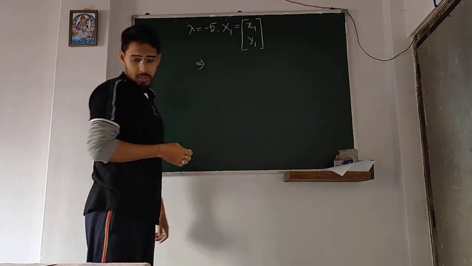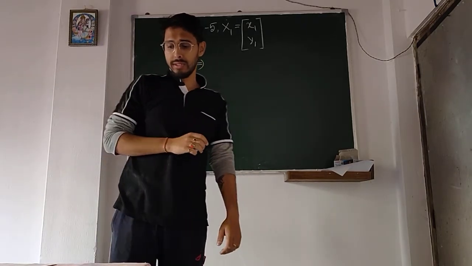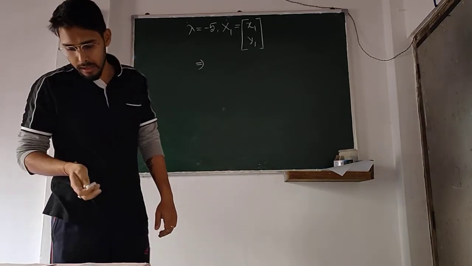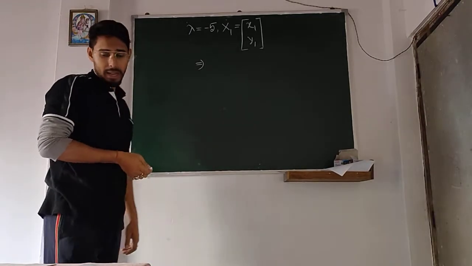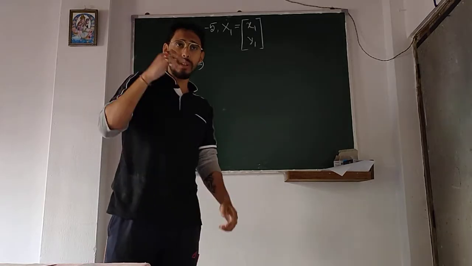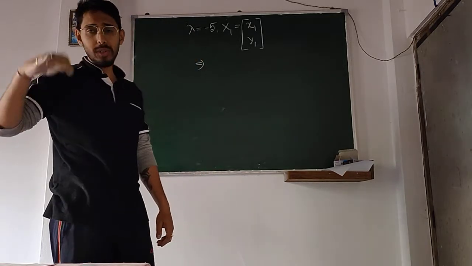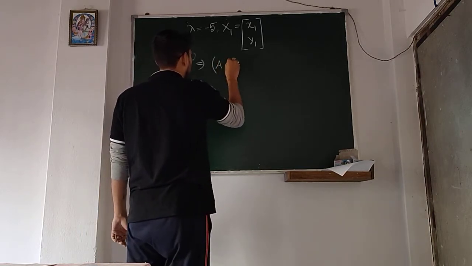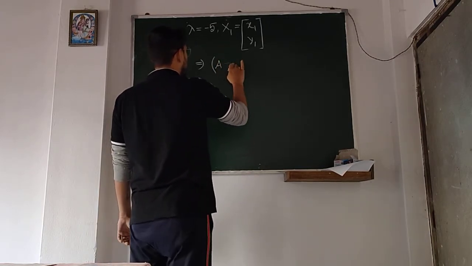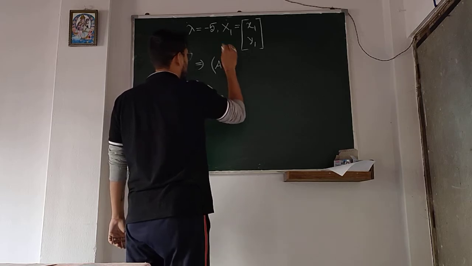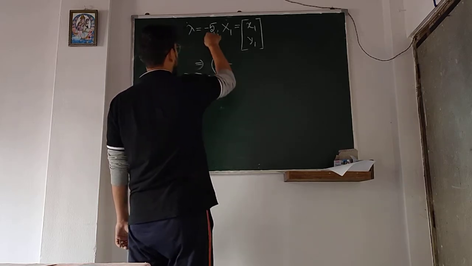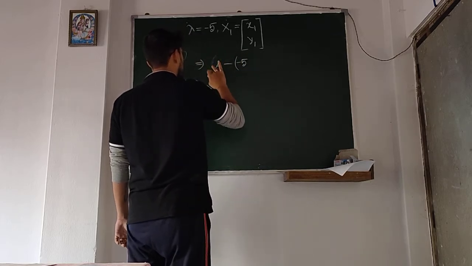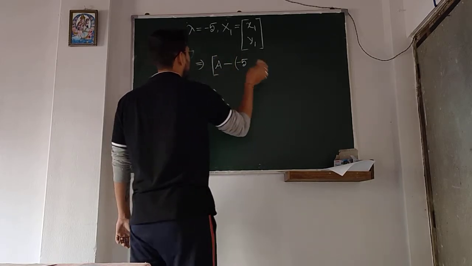the same old process for finding the eigenvectors, that is the determinant of the matrix form of A minus lambda I into the variable equals to the other side. So A minus lambda, lambda is minus 5 we have taken, right? Let us take it as a bracket.